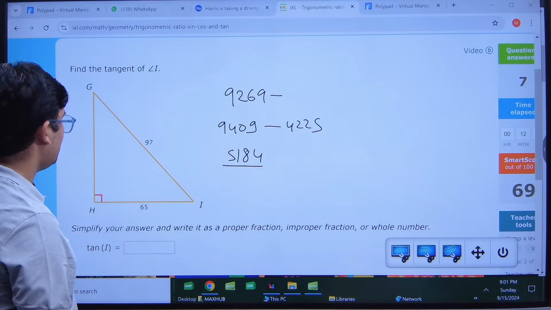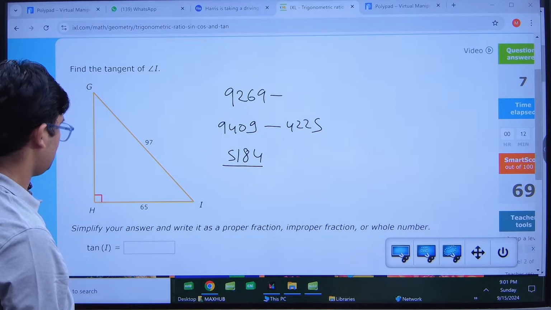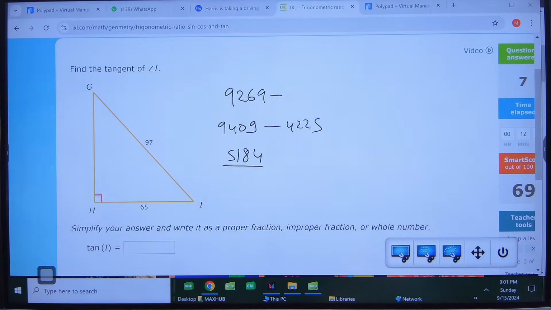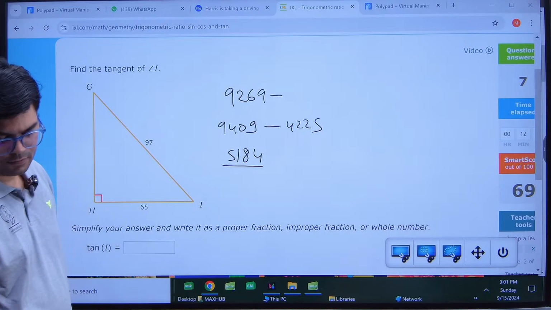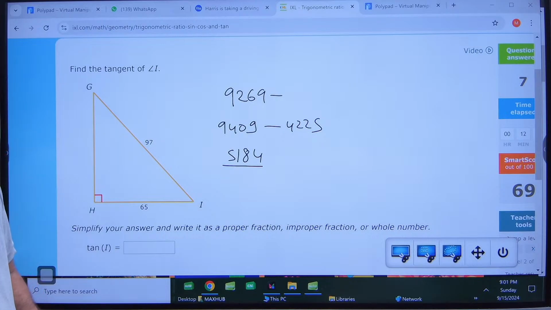5184 is whose square? I do not think it is a perfect square. Just check it out. Under root of 5184.